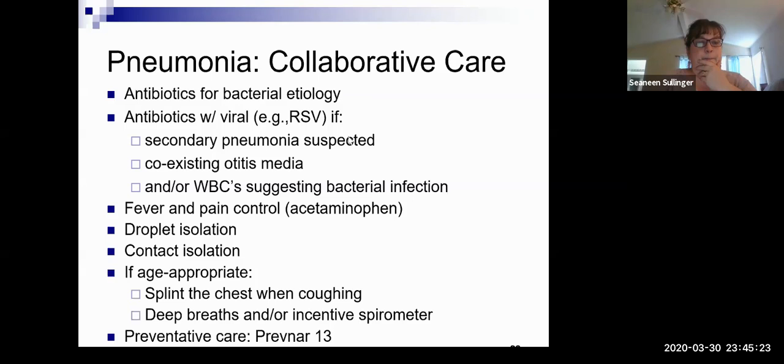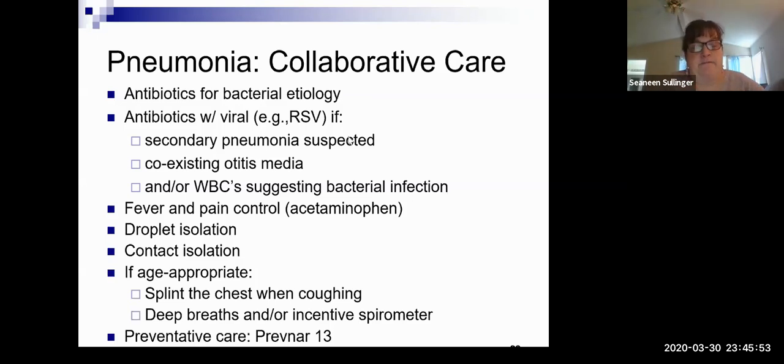Tylenol. Most of these patients, you guys that have been in peds, droplet and contact precautions. And it is a pain, but it protects you and it protects the patient. So if they're coughing a lot, teach them how to splint, like with a pillow or their hands, splint the chest when coughing. And then you want them to be moving air as much as possible. So any type of deep breathing or maybe an incentive spirometer might be helpful.